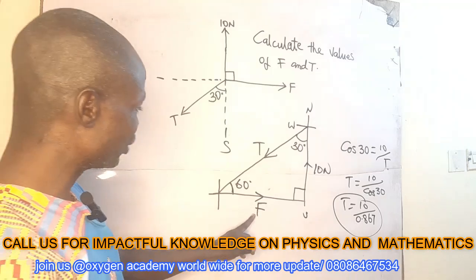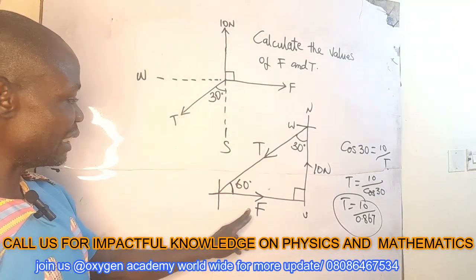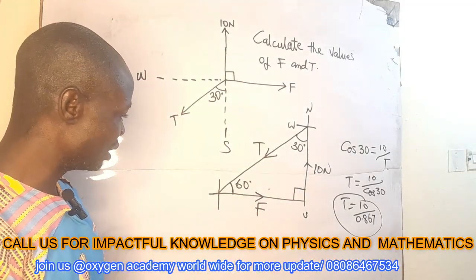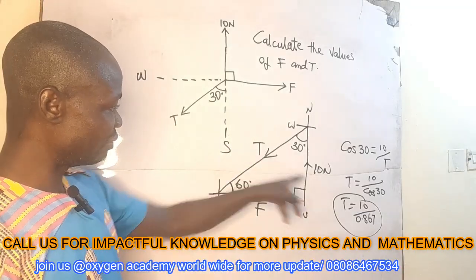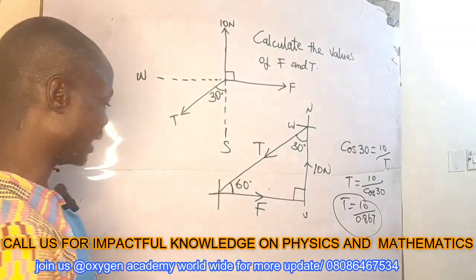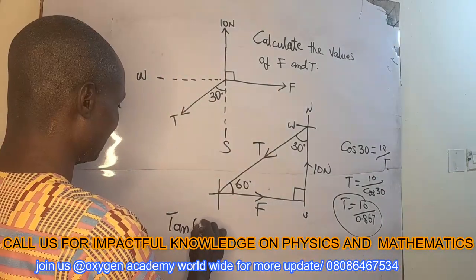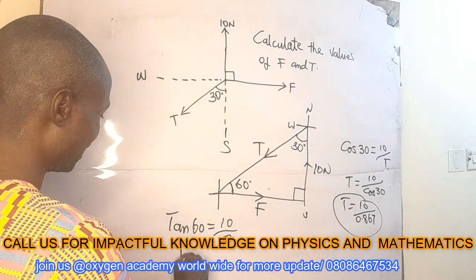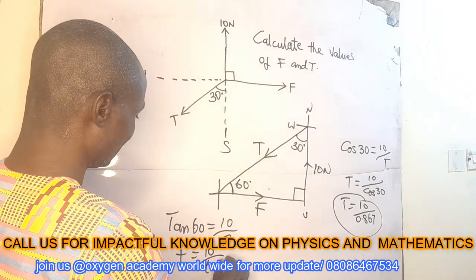Okay, now how do I solve for F? Looking at F, I am going to use this angle, whichever one. I can do adjacent over hypotenuse, because the hypotenuse is now this, or I can use opposite over adjacent, which is tan. So I can solve F here by using tan 60 is equal to 10 over F, and that means F is going to be 10 divided by tan 60.